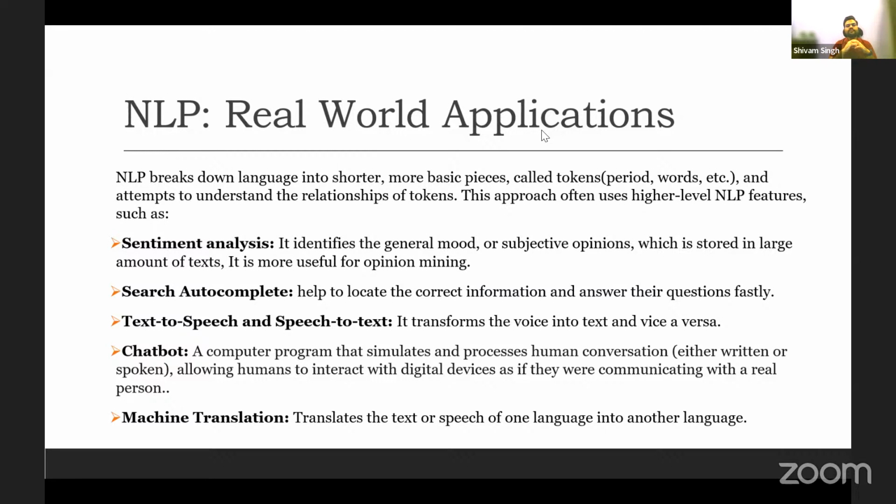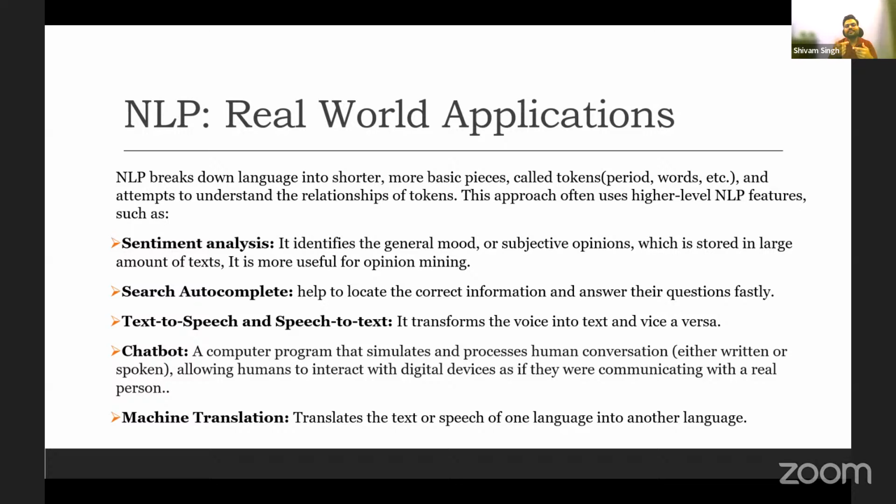So the very first application, guys, you can see is sentiment analysis. Sentiment analysis is a model which helps us decide whether I can buy any product or not. Whenever you want to buy any product, you try to check the review of that particular product, whether the review is good or bad.